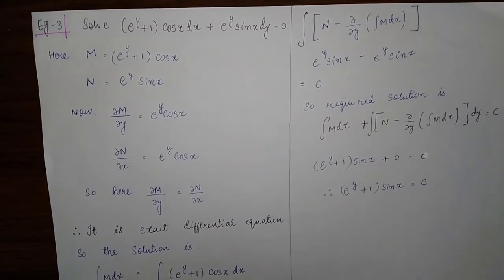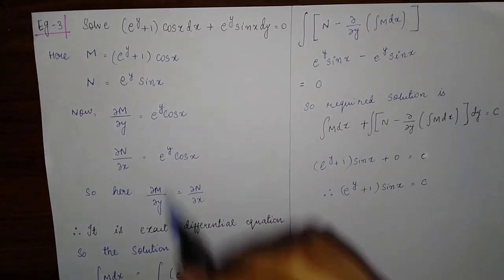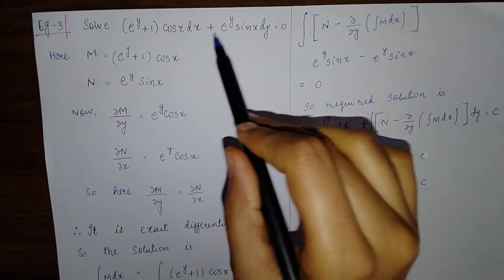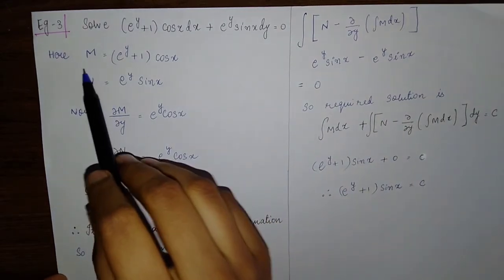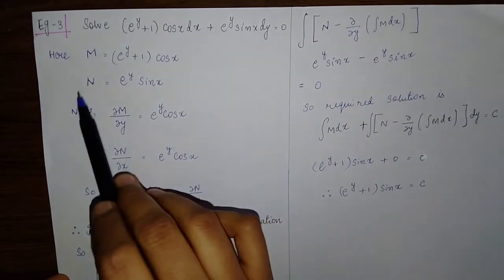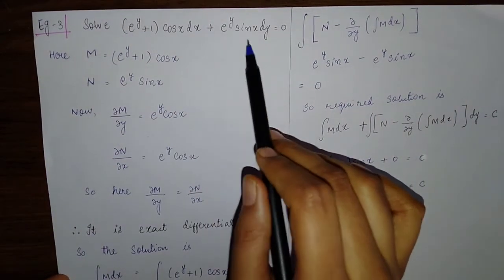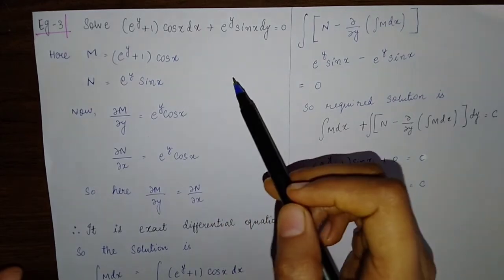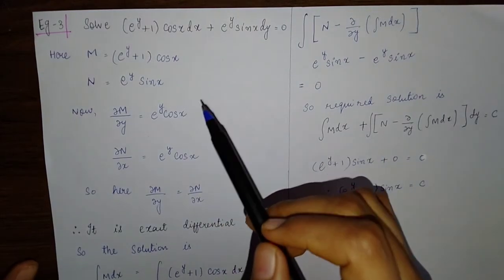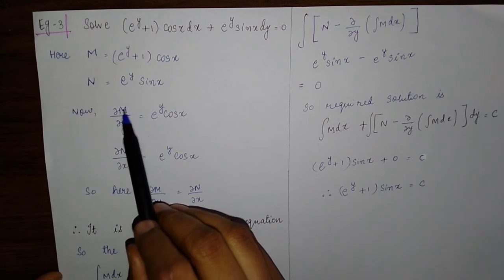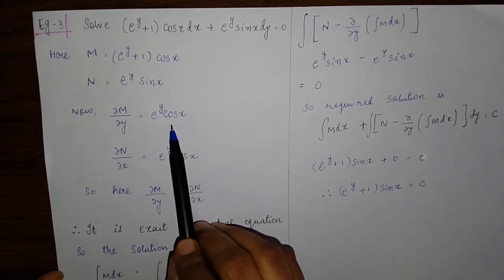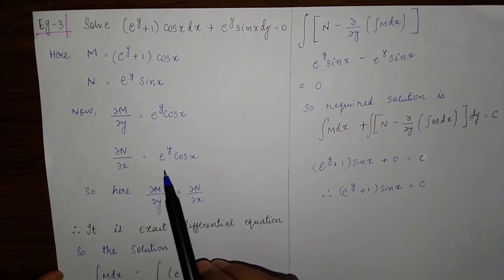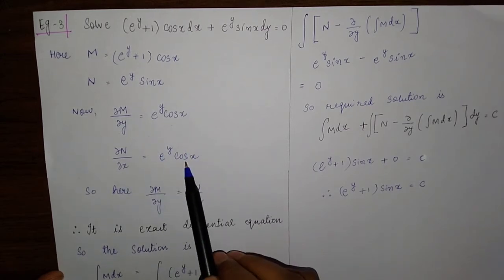So the last example, solve e raised to y plus 1 cos x dx plus e raised to y sin x dy equal to 0. So again, m is here and n is e raised to y sin x. Now we will check whether it is an exact differential equation or not. So for that we will find del m by del y, that we are getting e raised to y cos x, and we will find del n by del x, that also we are getting the same term.